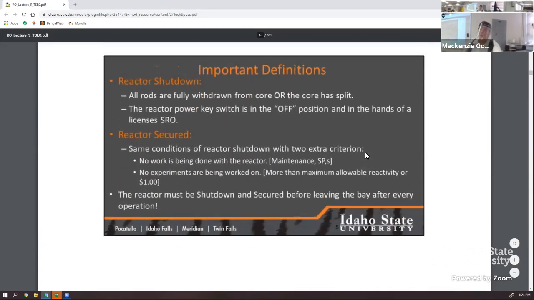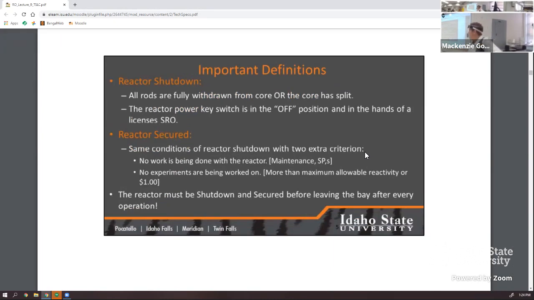Reactor shutdown, reactor secured, and reactor operating are also definitions you have to know. Reactor shutdown: all rods are fully withdrawn or core is split, right? This can be shut down after an accident. And the power key switch is in the off position and the key is in the hands of an SRO.